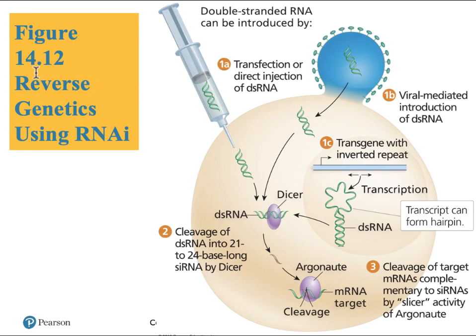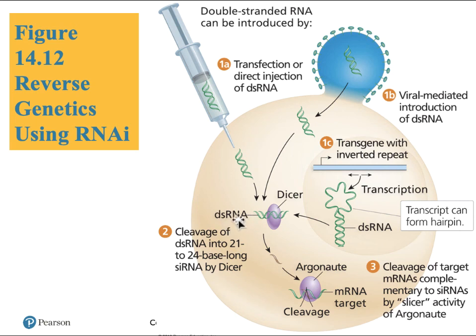This system is best understood with the aid of a figure, and 14.12 allows us to see that. So let's start at the beginning and assume that double-stranded RNA has been injected into this plant cell by some mechanism of introduction.